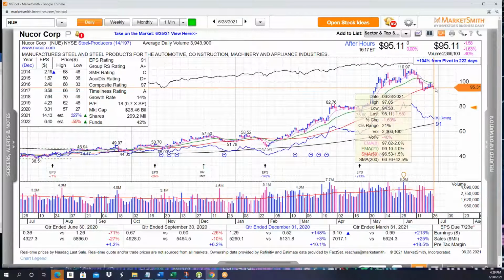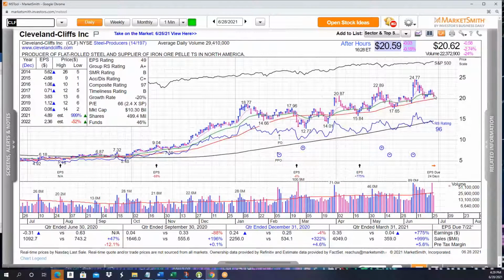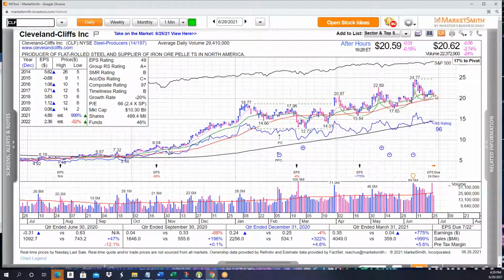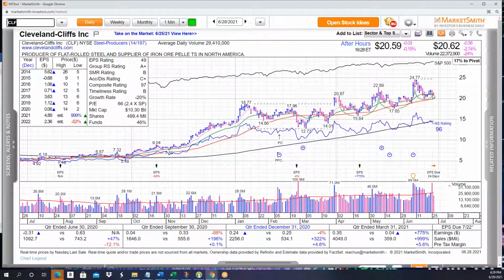Nucor stopped out as it broke the 50 here. Very small loss on this, about a 4% loss on a 2.5% position. And then CLF, same story, stopped out as it broke the 21, right around $21, and broke it today. Just not really constructive action, not much follow through following the infrastructure bill here.